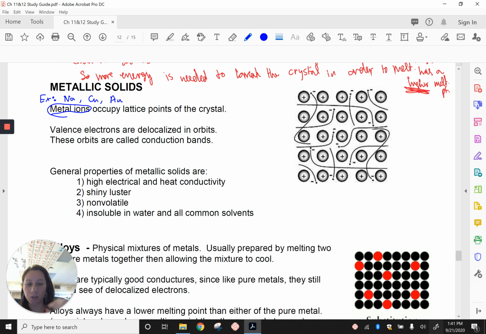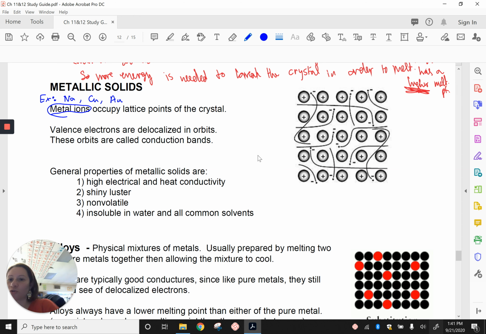So if you have a crystal, the points there, those are cations. Those valence electrons then are delocalized. That means they're not in one location. They move around in the crystal and in these orbits, and these orbits are called conduction bands.